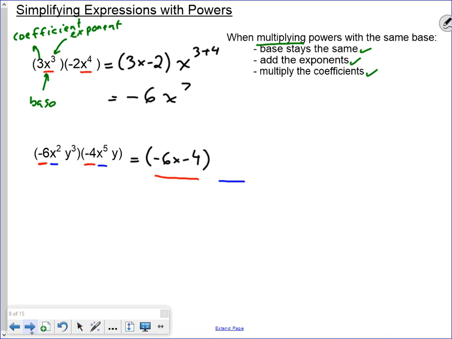We'll have x to the power of 2 plus 5 is going to give us our new exponent. And then finally, we've got a y and we've got a y. We're going to combine those together. Our base is going to be y, and our new exponent is going to be 3 plus 1. So putting this all together, negative 6 times negative 4 is a positive 24. X to the 7 and y to the 4.